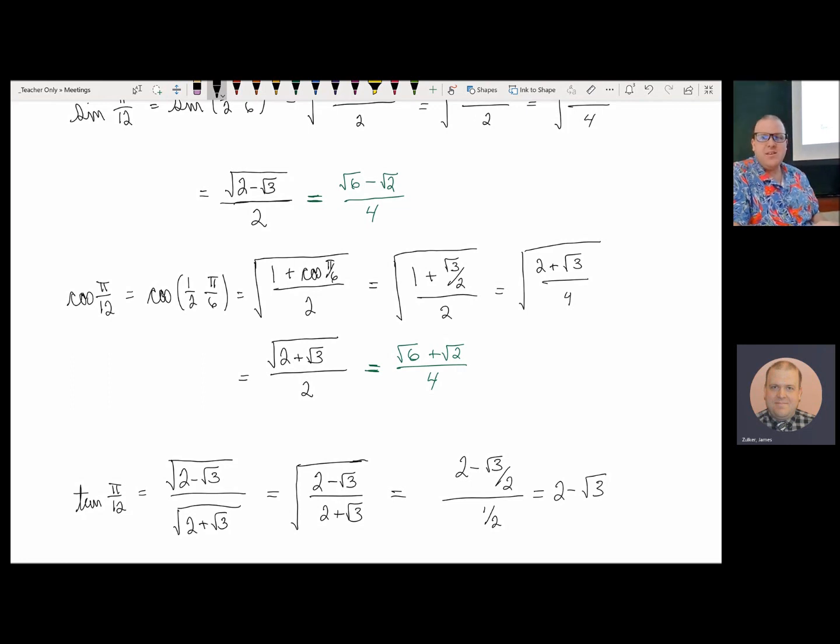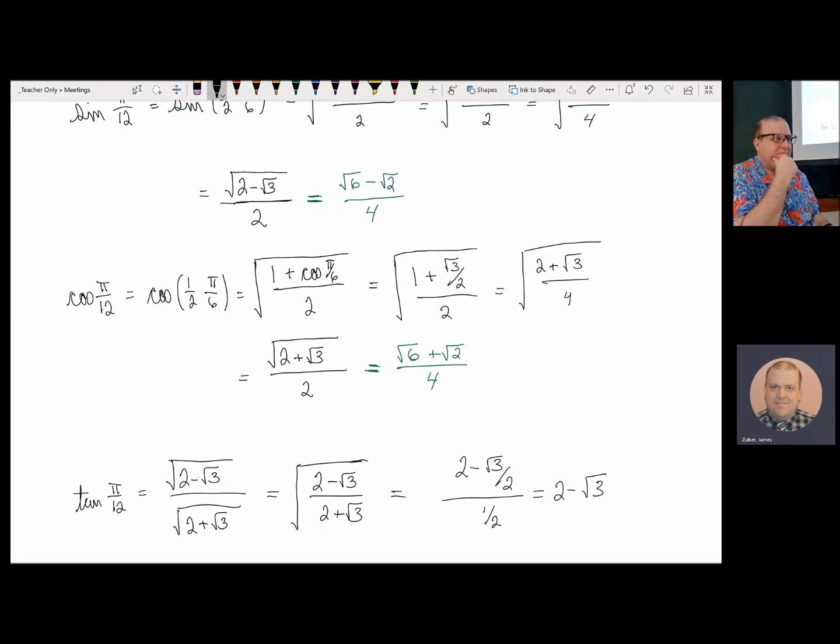So it'd be 1 minus cosine of pi over 6, which we said was 2 minus root 3 all over 2, over sine of pi over 6. Oh, 1 minus cosine theta over sine. Or sine over 1 plus cosine.